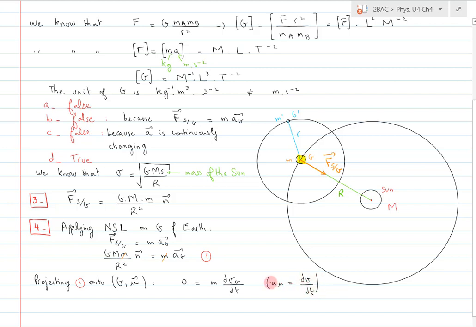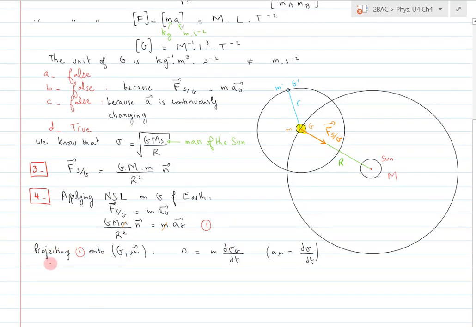This is from the first lesson of Newton's mechanics. So the derivative of the velocity is equal to 0, which means that Vg is constant, which means that the motion is uniform.